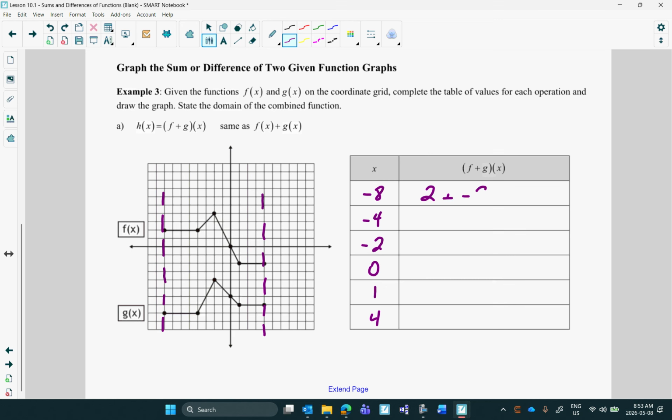We add those together and you get -6. So that's a point on the new function, -8, -6. And then you do that for all the points we listed. So at -4, 2 plus -8 again gives us -6.